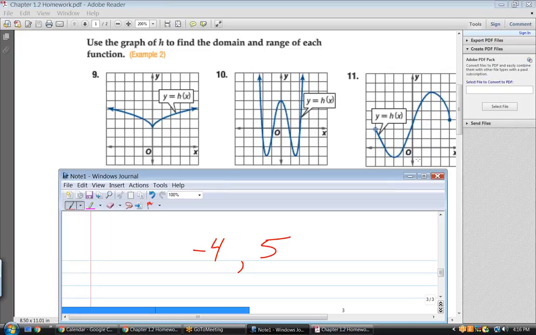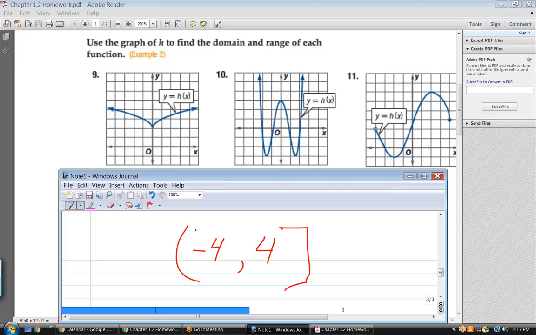No, you're right. No matter how many times I looked at it, it looked like 5 to me. It's 4. And what do I need? Parentheses, brackets, what? We have a bracket on the left and a parenthesis on the right. Other way around. This is the open circle, which means it cannot be -4. This is the closed circle. That means it can be +4.